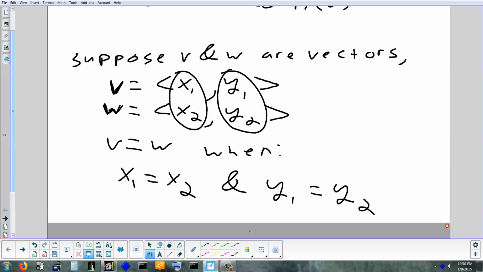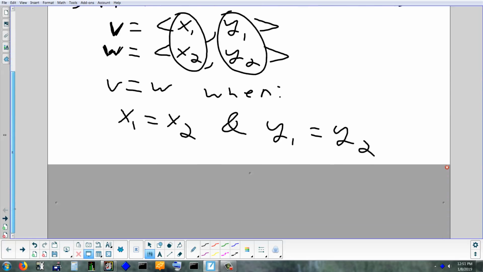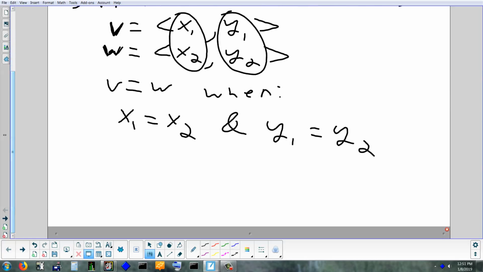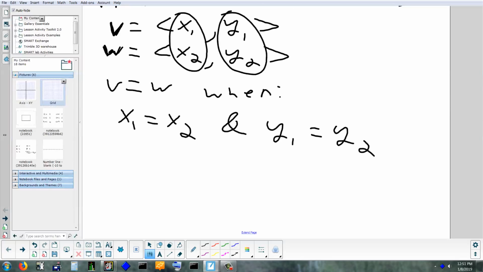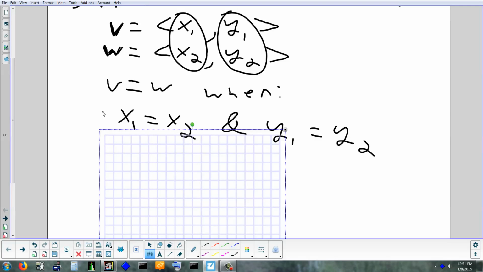So let me draw two vectors that are equal and show you what happens. Let's do it down here. Let's pick a vector, let's do, I don't know, <3, 5>.